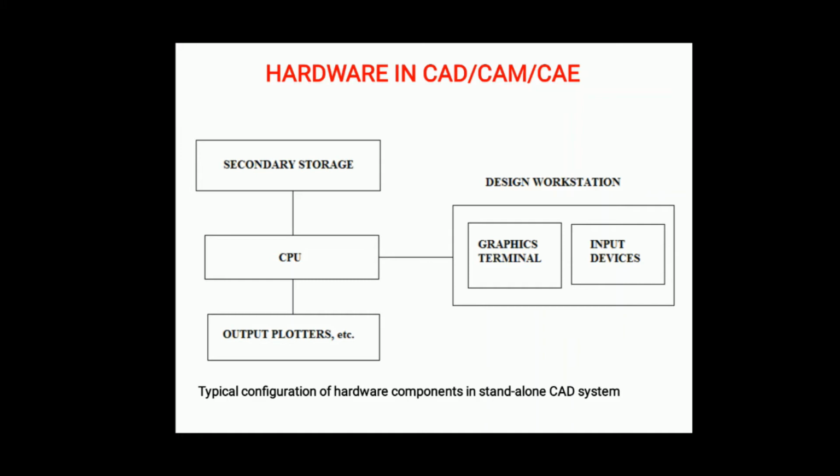Next is the secondary storage. This includes various storage devices attached to the CAD system to store the programs and data files. The storage medium used can be DVD, CD, external hard drives, magnetic storage systems and server centers.